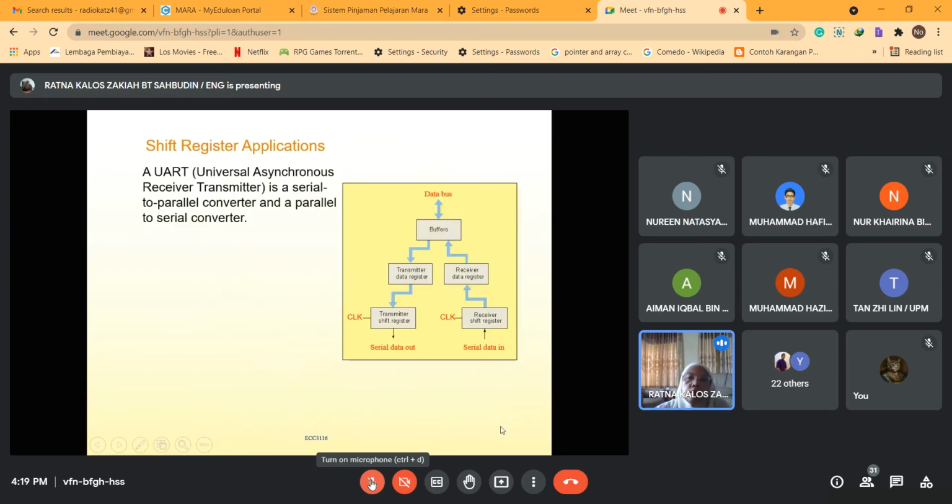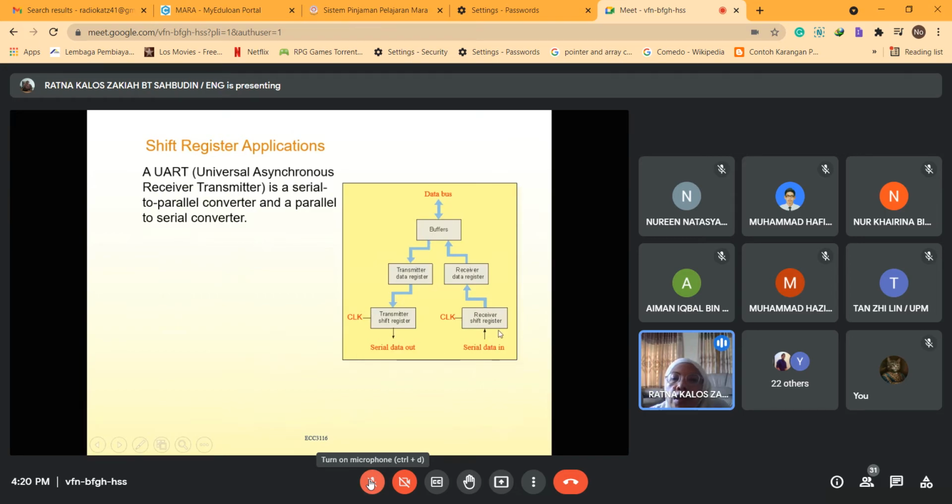This is another application, a UART or universal synchronous asynchronous receiver transmitter, which is a serial-in parallel-out converter and a parallel-to-serial converter.